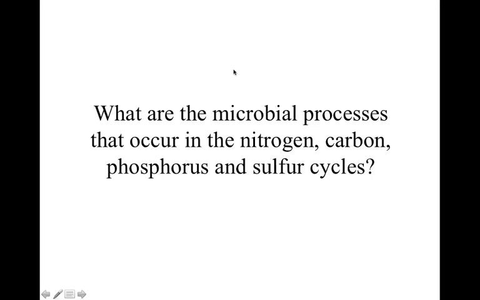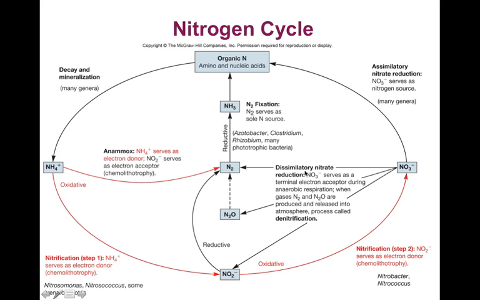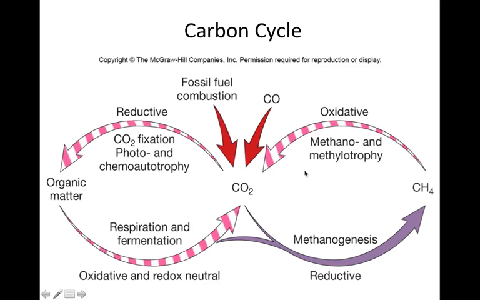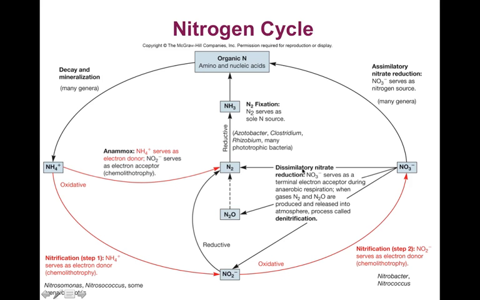What are the microbial processes that occur in the nitrogen, carbon, phosphorus, and sulfur cycles? You'll need to know the parts of these cycles that bacteria are involved in, and whether it's getting oxidized or reduced.